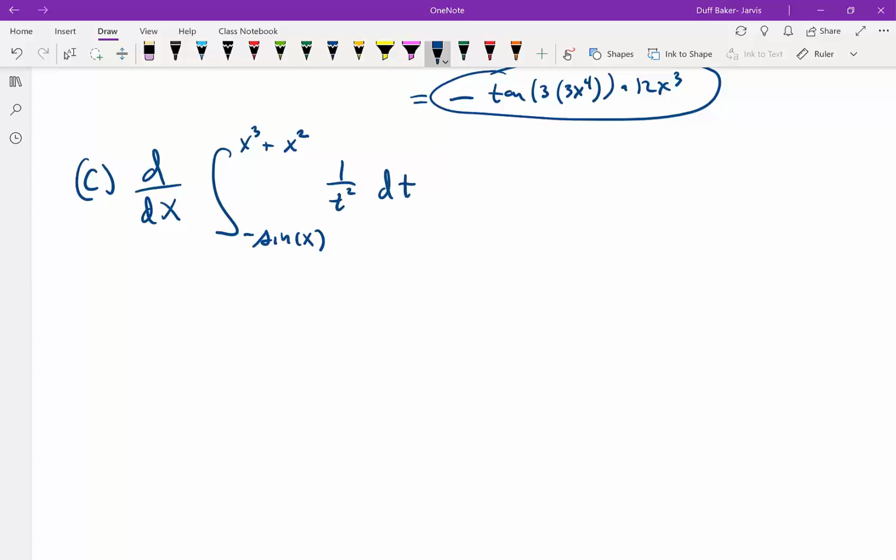So we have this kind of horrid looking quantity. It says, what's the integral of 1 over t squared from minus sine of x to x cubed plus x squared? We want to know the derivative of that.